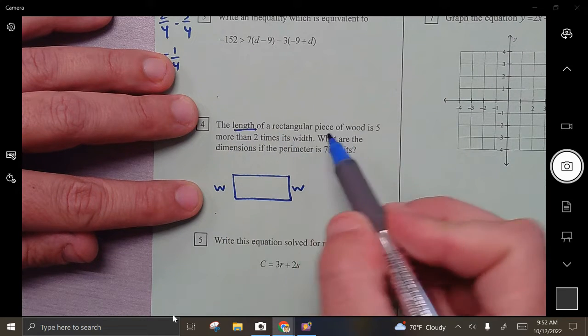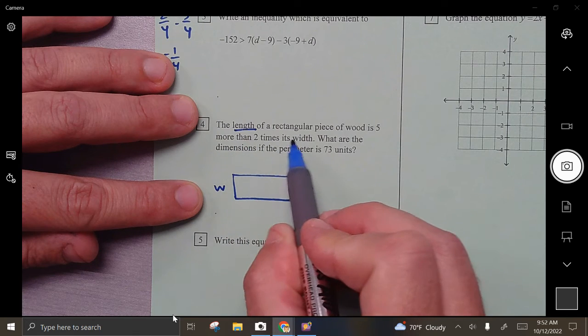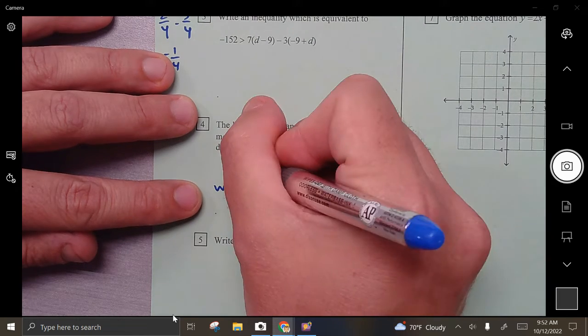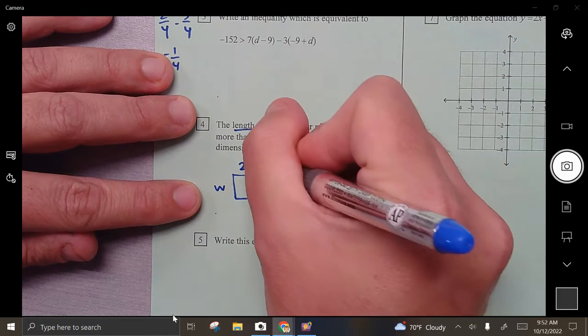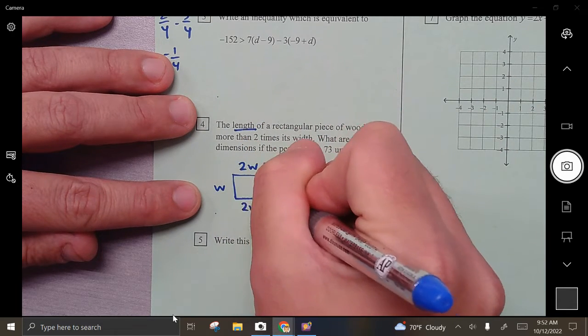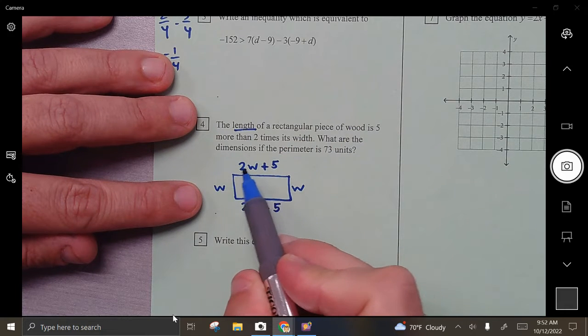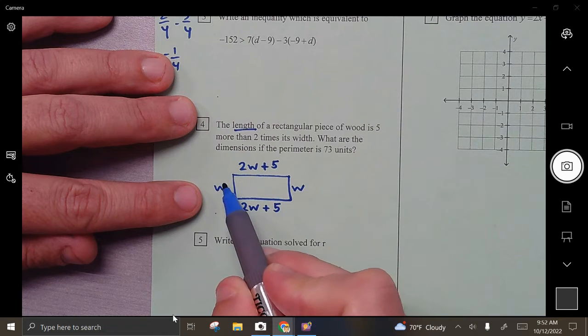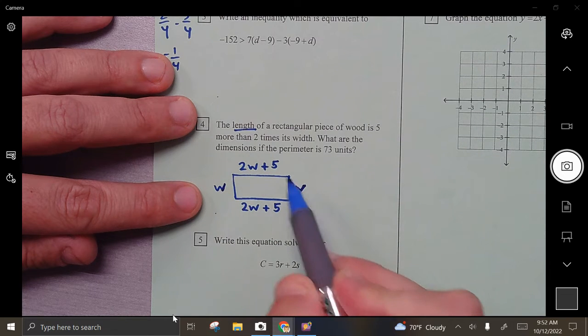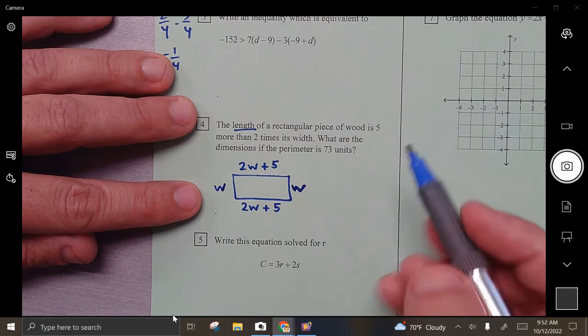The length is 5 more than 2 times its width. 2 times its width would be 2w plus 5. Does that make sense? Well, what's the width? The width is just the width. It doesn't talk about the width. It talks about the length. What are the dimensions if the whole thing equals 73?